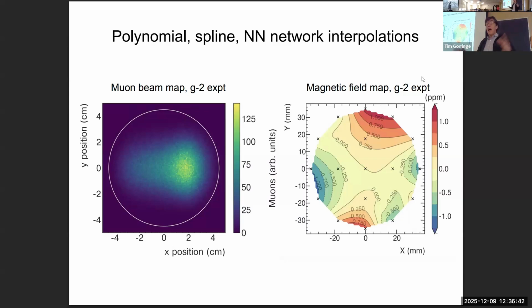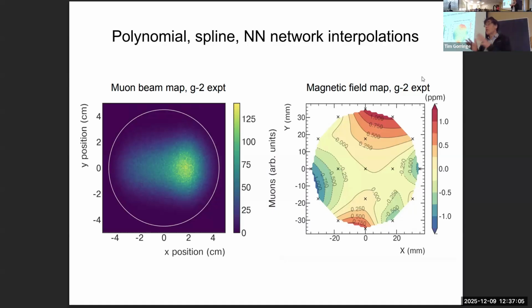Those are discrete sets of data, the measurements of the magnetic field and the measurements of the beam, and you want to interpolate them smoothly. So we want to learn from the discrete data and get a smooth function that passes through the data. This is sort of a classic case of interpolation.